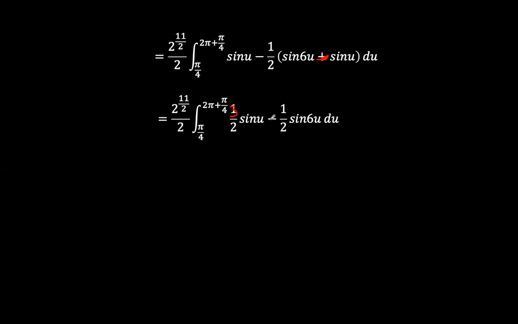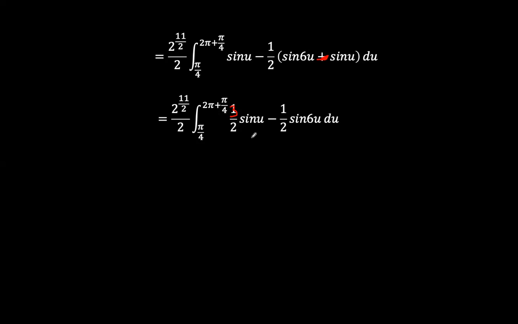Okay. And so when we integrate sine u and sine 6u, this results in a cosine: 1 over 2 times 1 over 6 cosine u, negative. Times the negative, that becomes a plus, and there we have 3 over 2 times a half of negative cosine u.